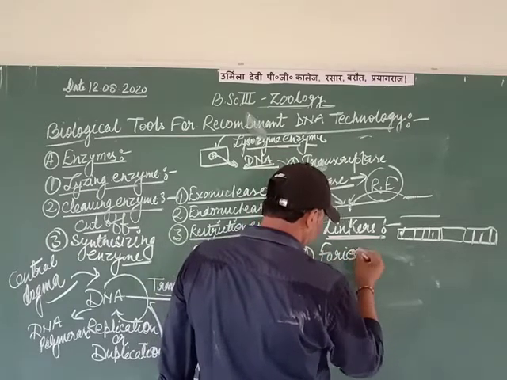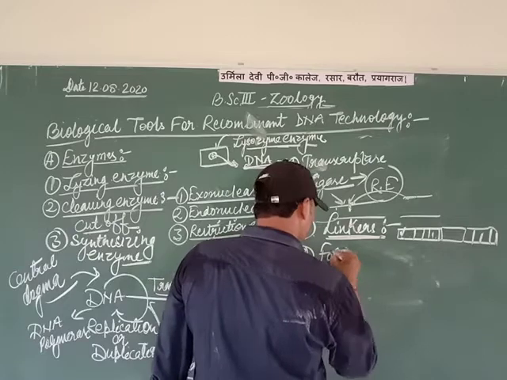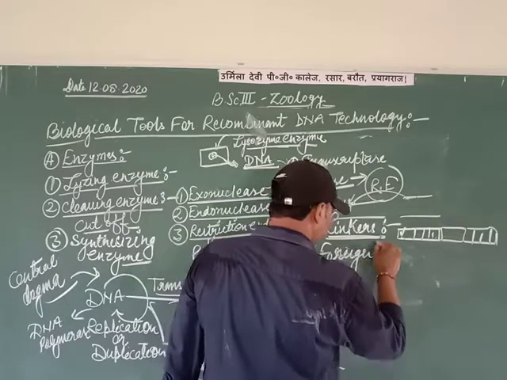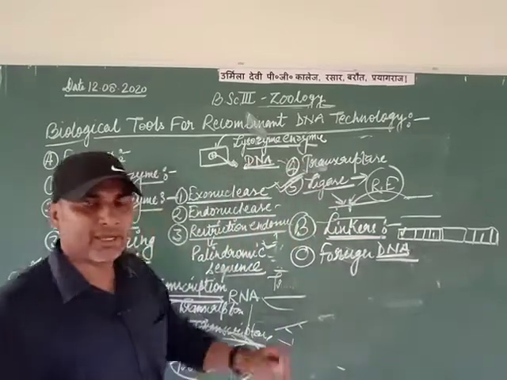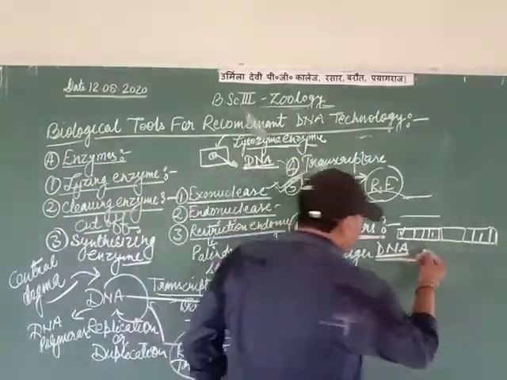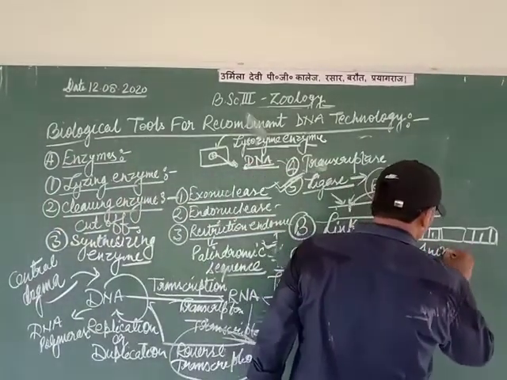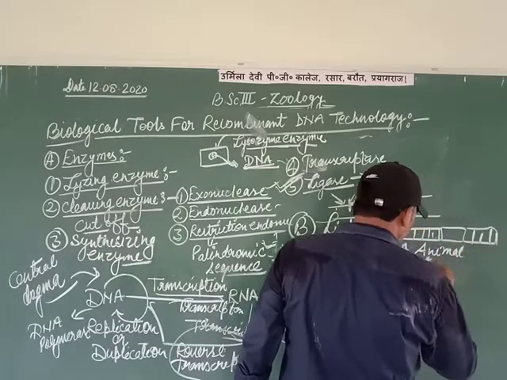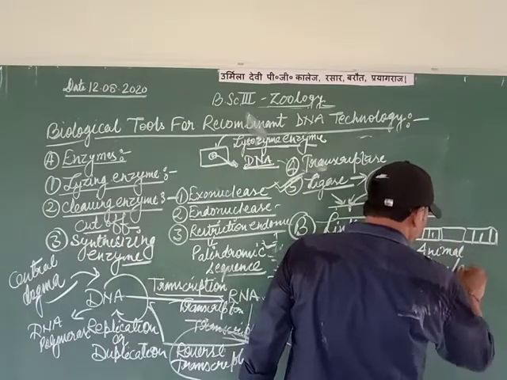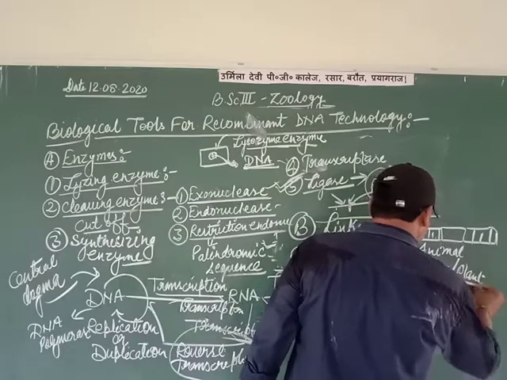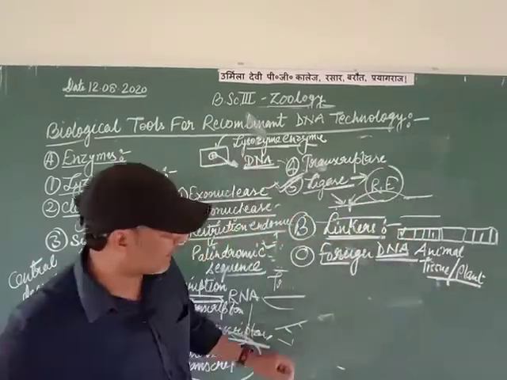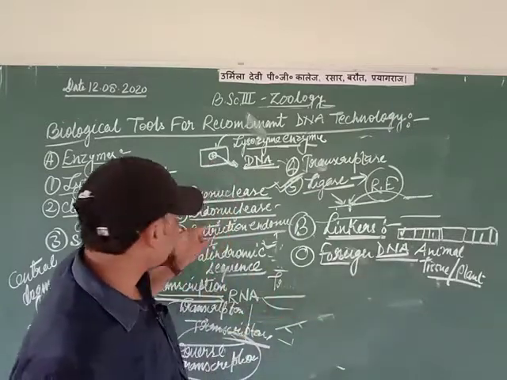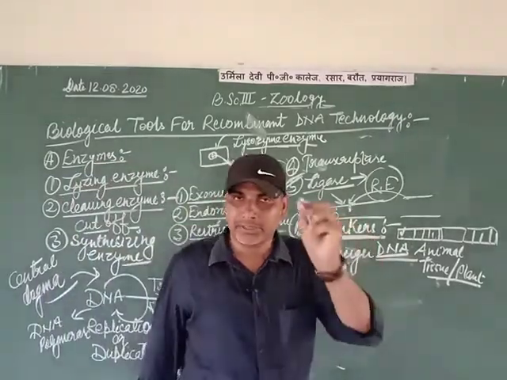Foreign DNA is DNA which is extracted from animal tissue or plant tissue, and after the extraction, it is cleaved by a restriction enzyme at a specific site.